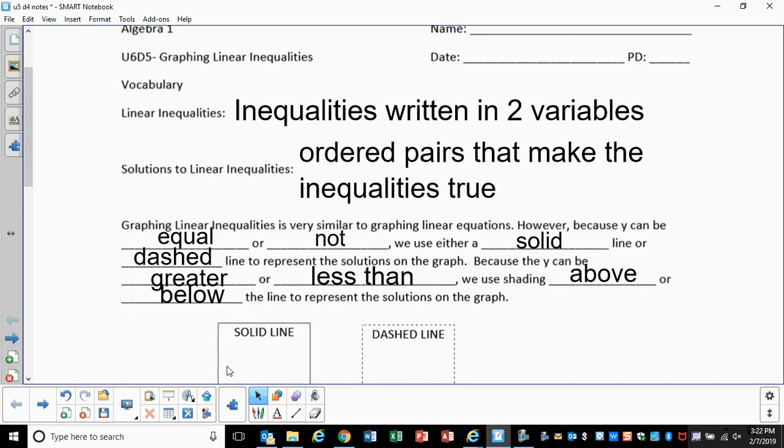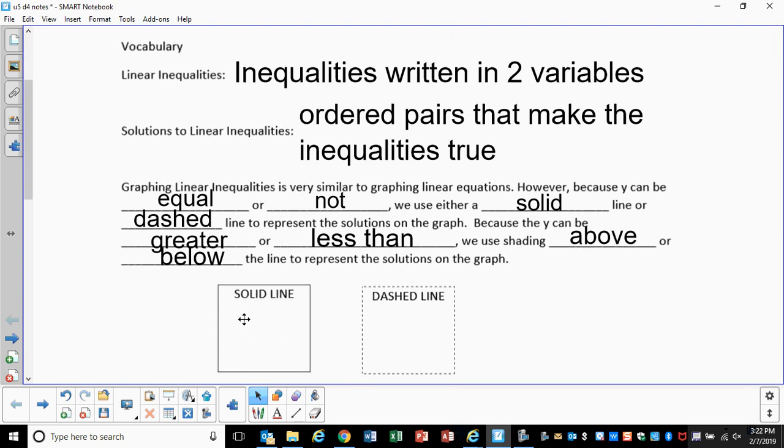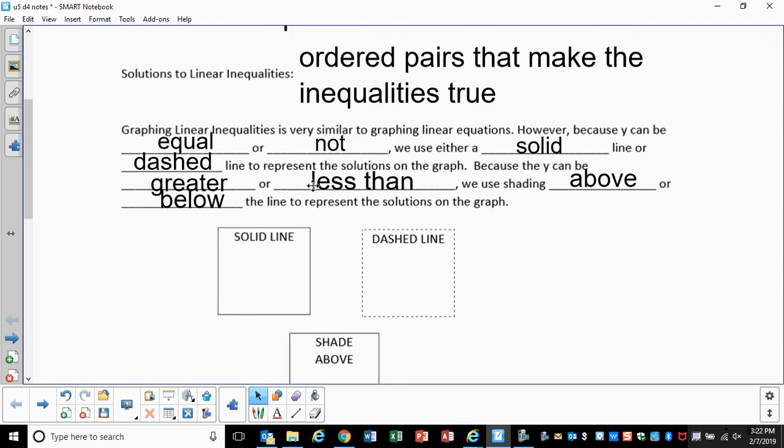Okay? So just a reminder for you in an easier way than all these words, we use a solid line for our graph, our picture, when our inequality has either less than or equal to or greater than or equal to. So it needs to have this equal to part. The line's going to be dashed if it's just less than or greater than, no equal to part.